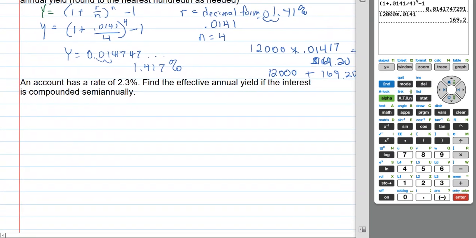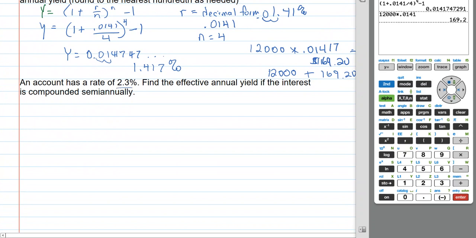We have this last problem, and it says an account has a rate of 2.3%. Find the effective annual yield semi-annually. So N is 2, R is 2.3% as decimal 0.023.